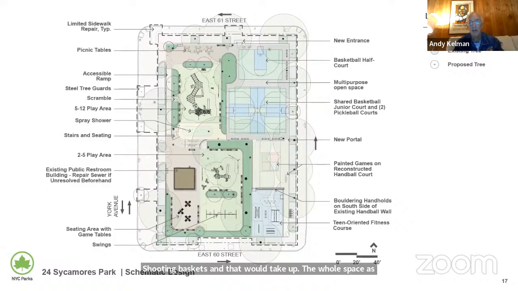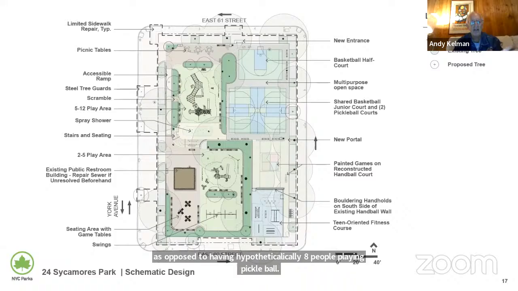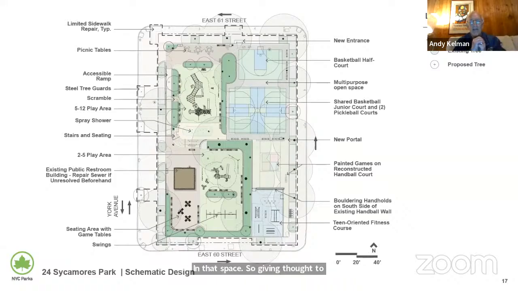as opposed to having hypothetically 8 people playing pickleball in that space. So giving thought to redesigning the space so that it could accommodate both users simultaneously by running them north-south, if possible, as opposed to east-west.